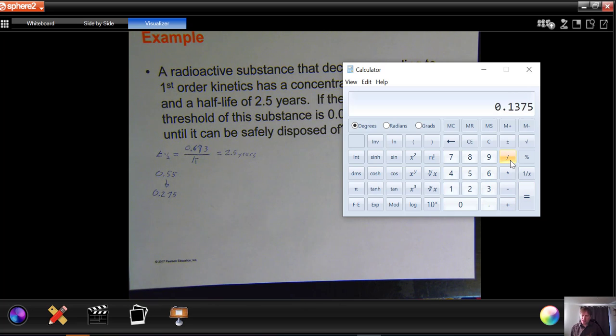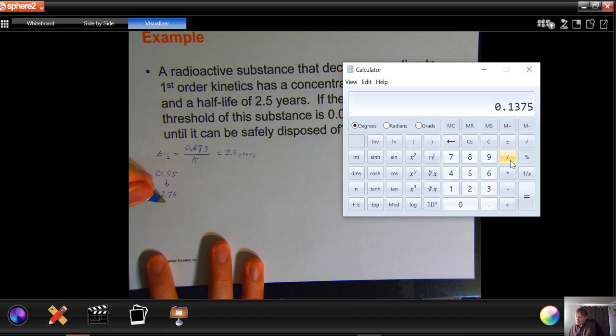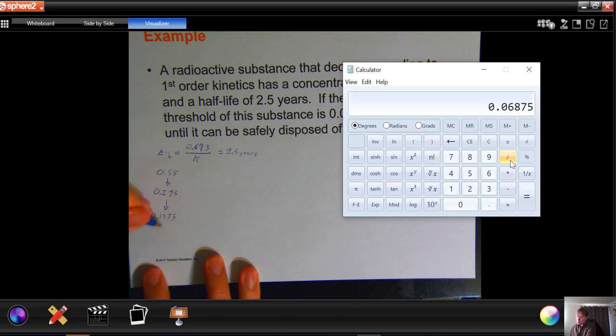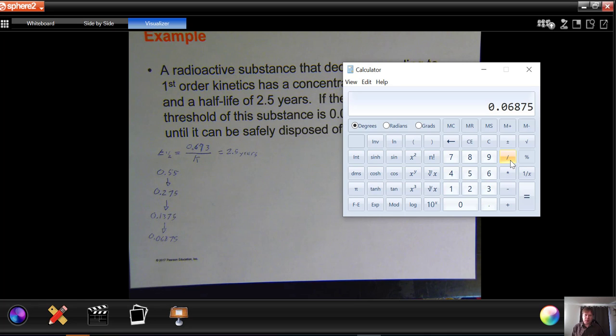And then we're going to do it again. So we get to 0.1375, that's another half-life. And then we do it again. We get to 0.06875. Okay, we're not quite there yet, so we'll do it again.